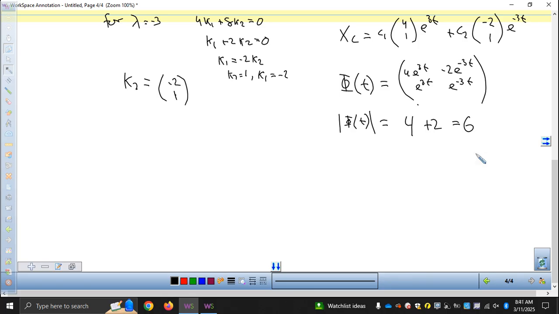So phi inverse of t is 1/6. I'm going to switch these two: e to the negative 3t, 4 e to the 3t. Change the sign on these two.